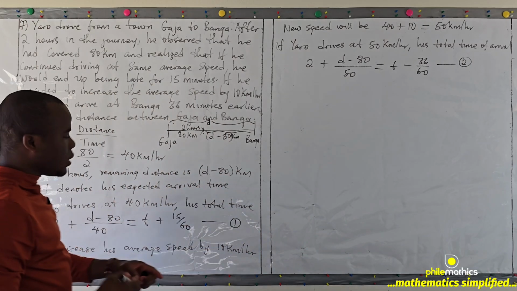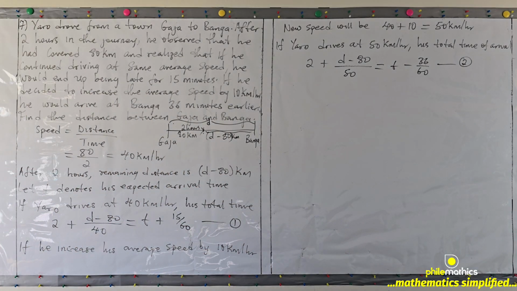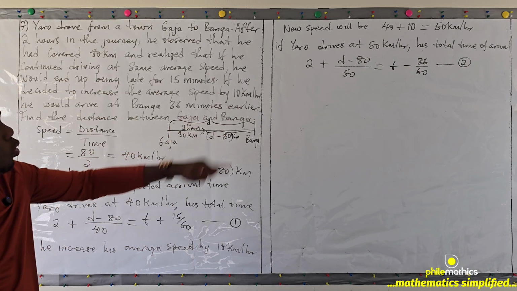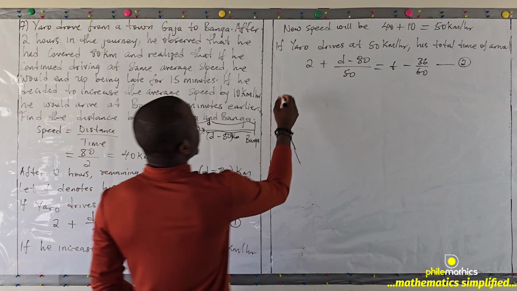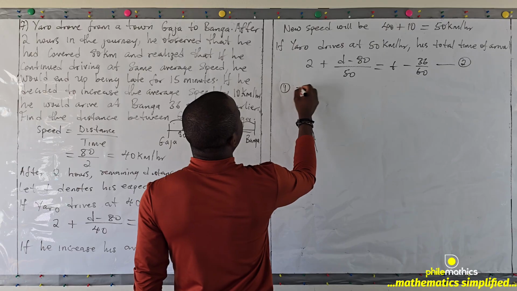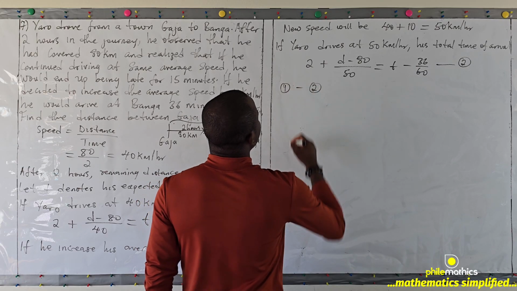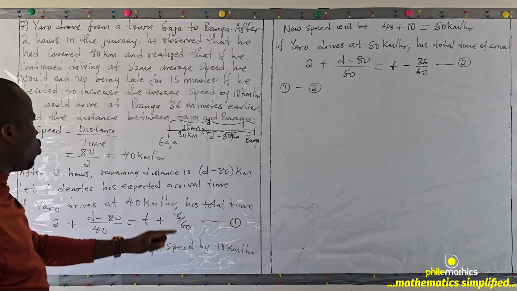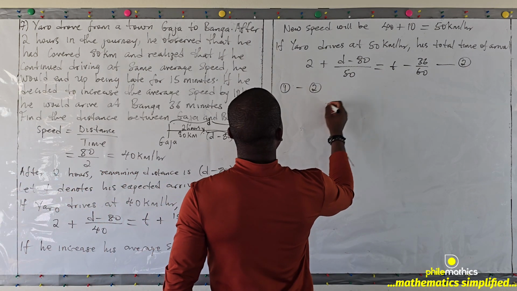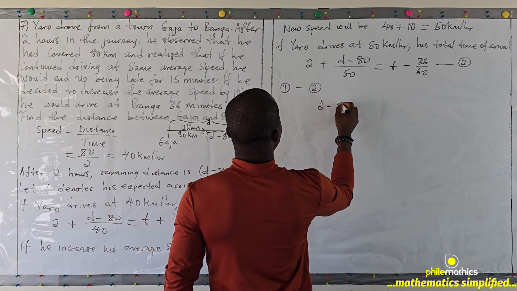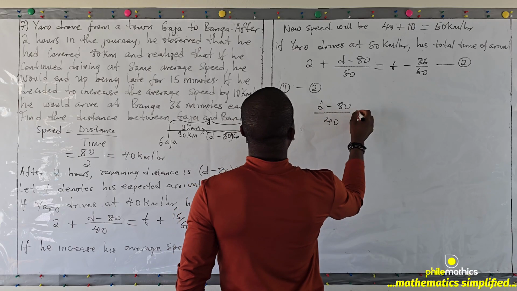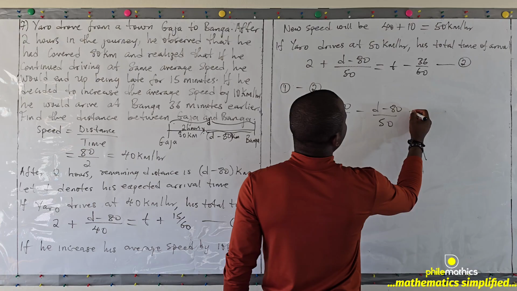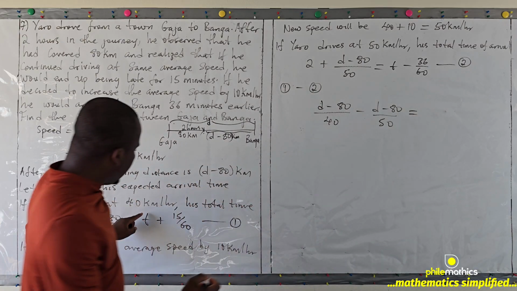Now we are looking for distance. For us to get distance, we can subtract equation 2 from equation 1. Equation 1 minus equation 2. If we do that, 2 minus 2 cancels, and we'll have D minus 80 over 40 minus D minus 80 over 50. This will equal the right hand side.